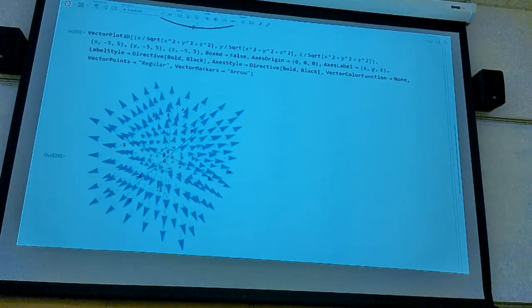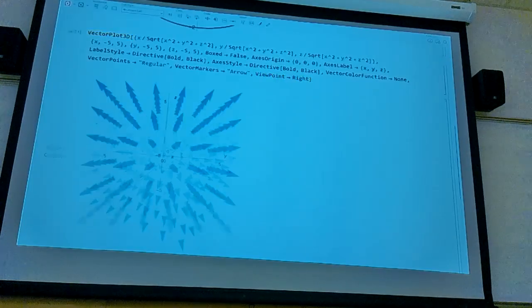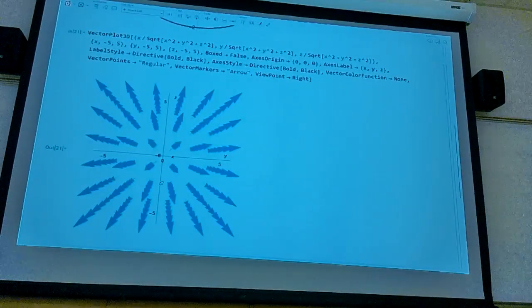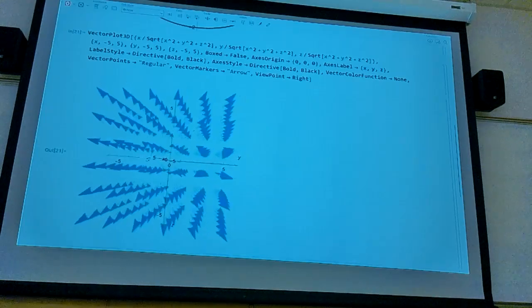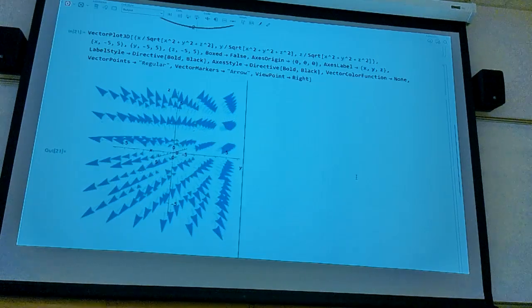Right, so just set up the arrow and you lose the 3D effect on the vector arrows. I think that's a lot better. And let's make it the standard view. Let's just kind of shift that just a little bit, maybe something like that gives a good idea. No, that looks good.